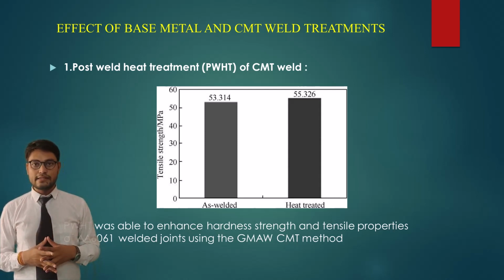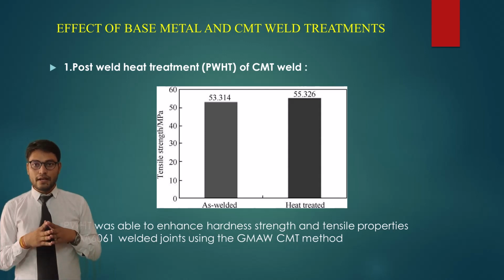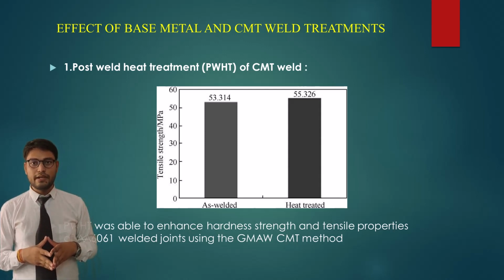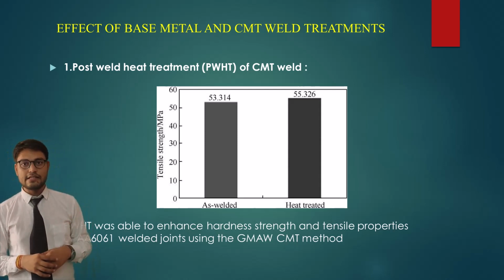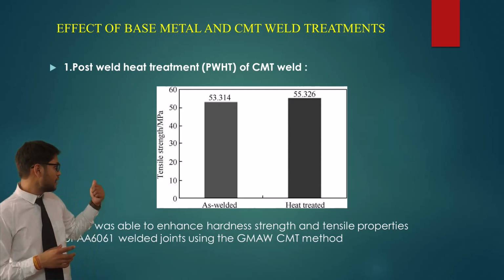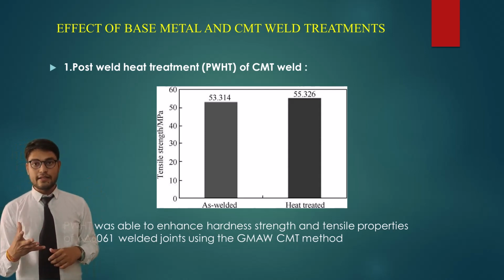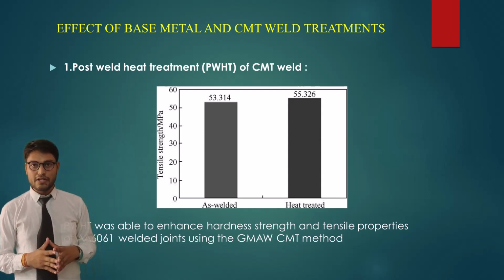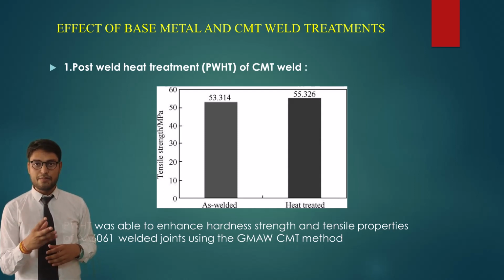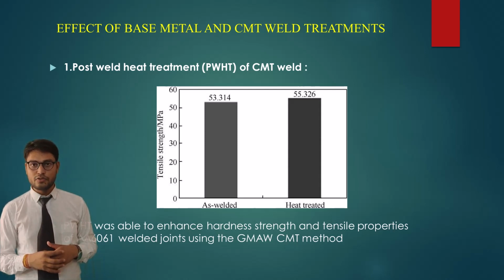Two scientists, Ahmad and Bakar, analyzed the effect of PWHT on the mechanical and microstructure properties of welded AA6061 using CMT and found that a 3.1% increase was recorded for tensile strength, as we can see in the picture shown here. Hardness was increased by 25.6% and 21.5% higher elongation was achieved. The results proved that PWHT was able to enhance hardness and tensile properties of AA6061 welded joints using the CMT method.